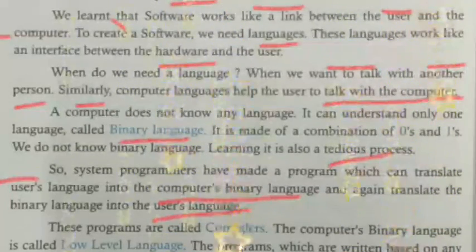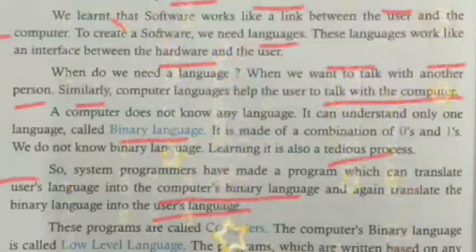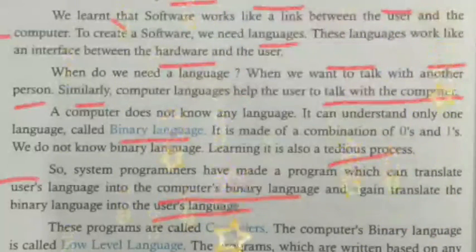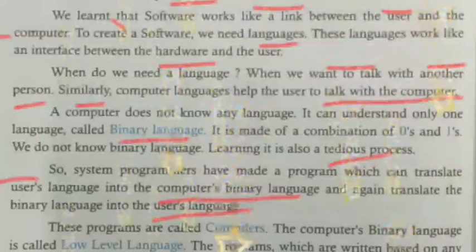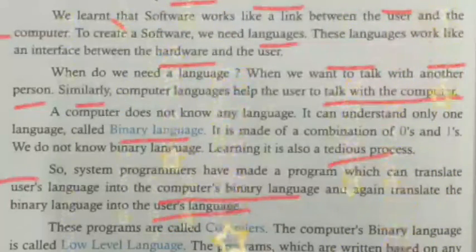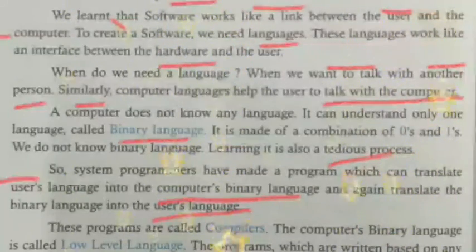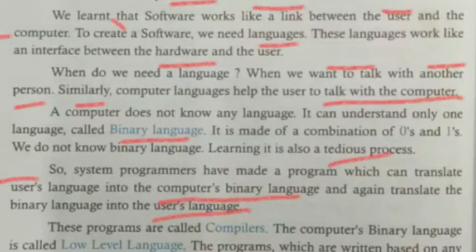The binary language again translates the same thing into English language. That language we are getting, we are seeing on the screen of the computer. So this language is known as high level language, isn't it? It's a very nice lesson today, isn't it?